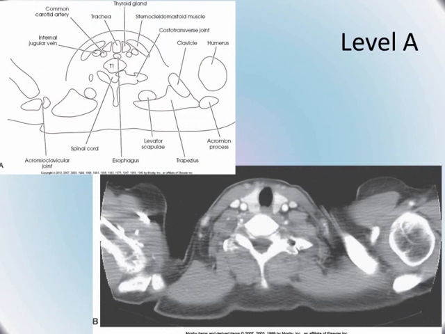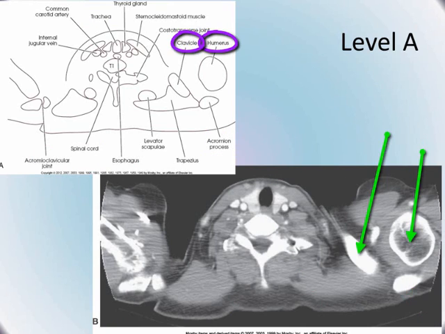In level A, we start off with the trachea, the acromioclavicular joint, the spinal cord, the esophagus, acromion process, the humerus, and the clavicle, as well as the thyroid gland.